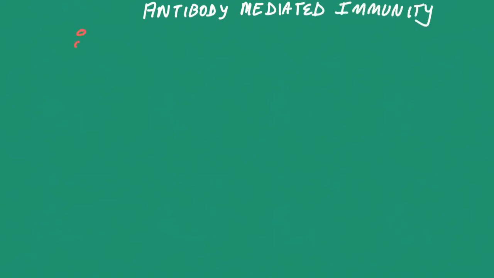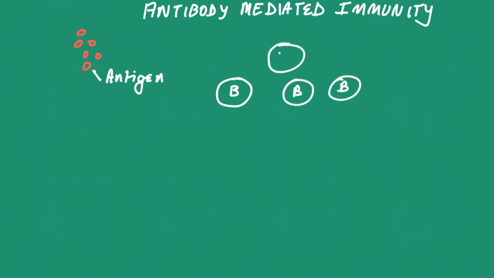Let's imagine that a virus has entered the bloodstream. This is the antigen on top of the virus, and the goal is for the B cells to make antibodies that will exactly match this antigen. However, we have millions of different kinds of B cells, each with its own antibody.